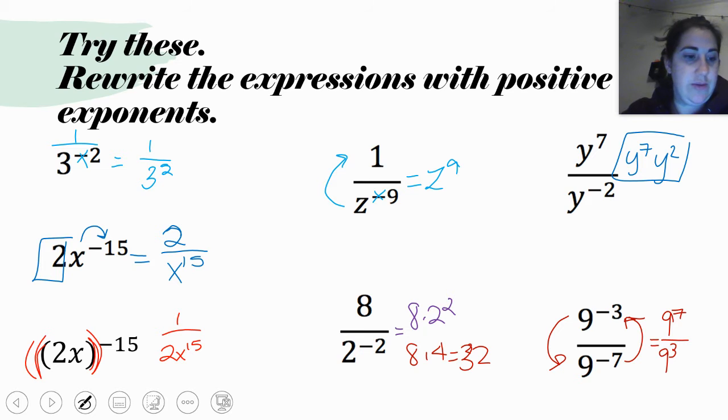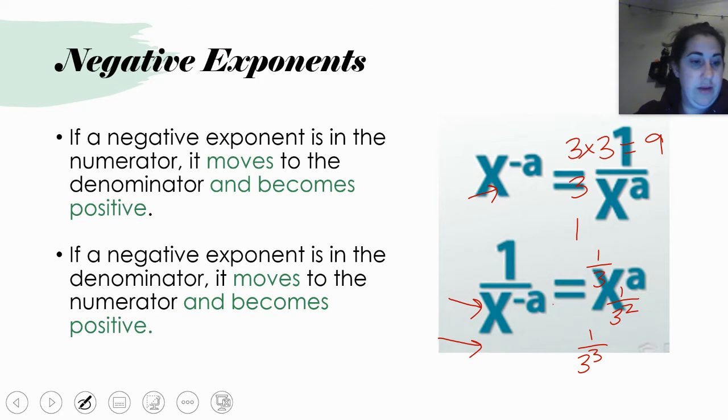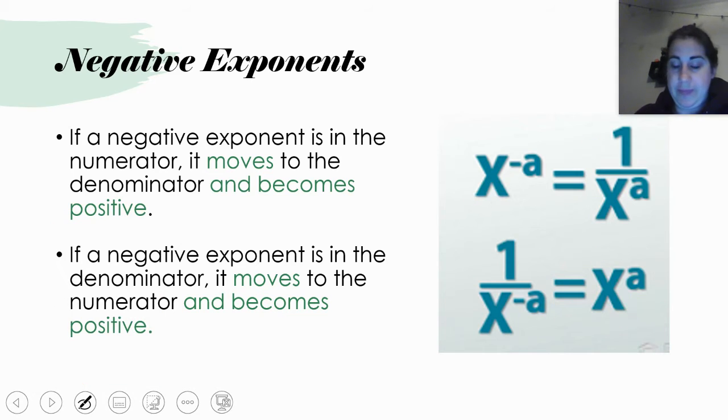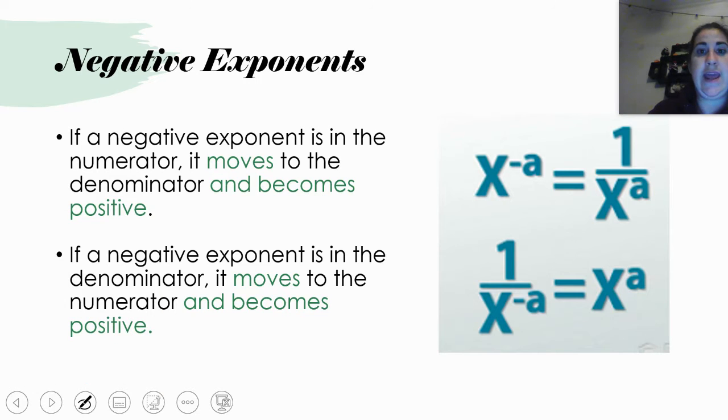Okay, so let's reiterate. If I were to write this with numbers, say I have x to the negative 2, well then I could write that as 1 over x squared to make that exponent positive.